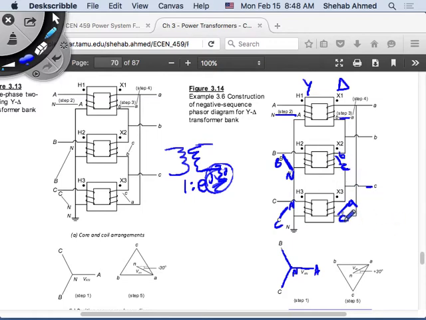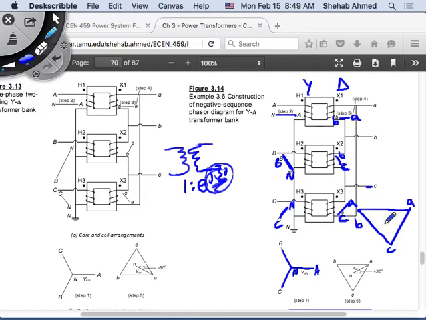I have my C here and A, right? C and A. This is defined by this one here. And then I have my C here and B. So I have to start from C and go to point B. So I ended up with my AB being this way, which means that these are labeled this way. Okay? So the delta now looks like this on the secondary side.